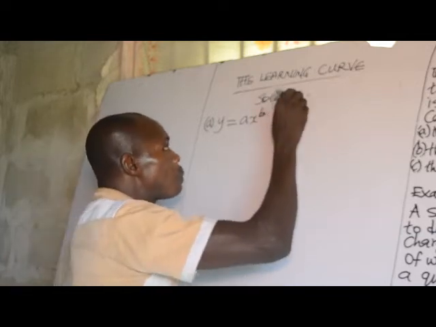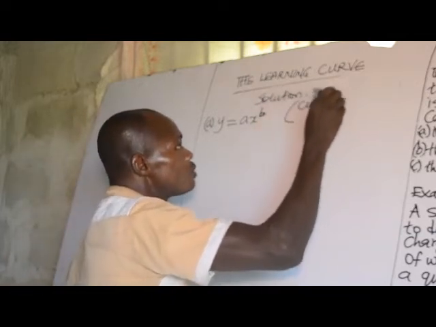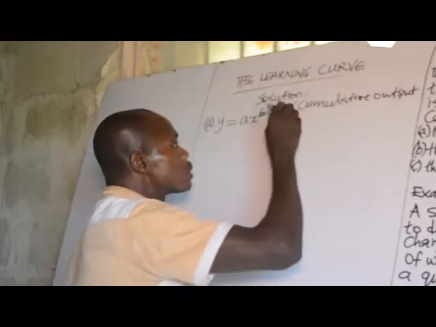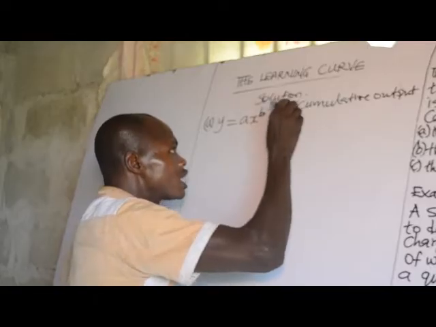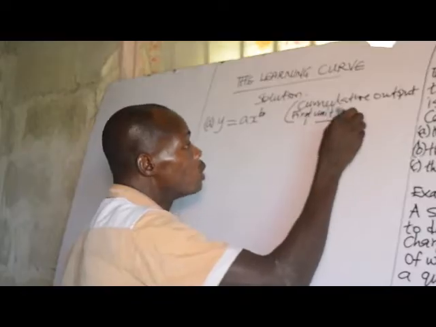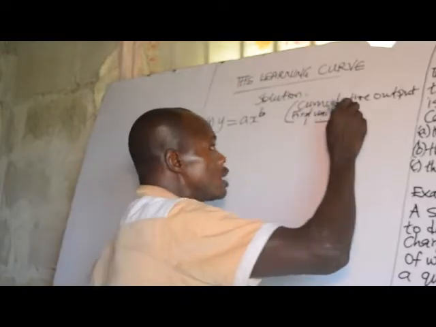Whenever we say cumulative output, it means the total output from the first unit, that is from 1 to the number of units required.